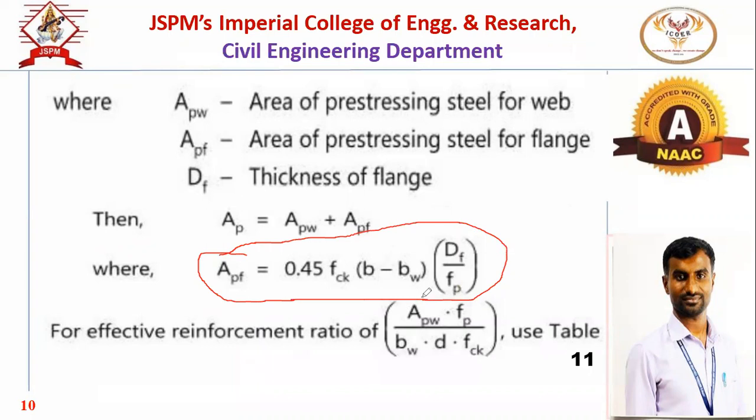The effective reinforcement ratio from Table number 11 will remain the same, so again for the reinforcement ratio we have to refer to Table 11. So Apw into Pf divided by bw into d into fck, this ratio is nothing but the effective reinforcement ratio.